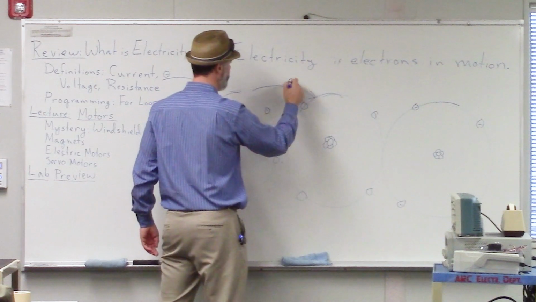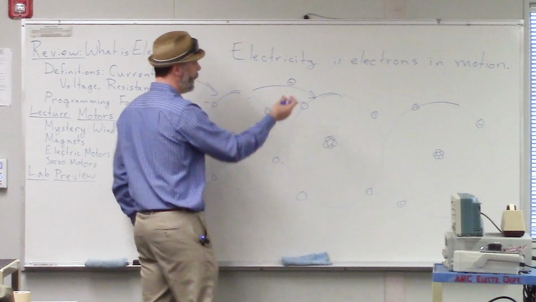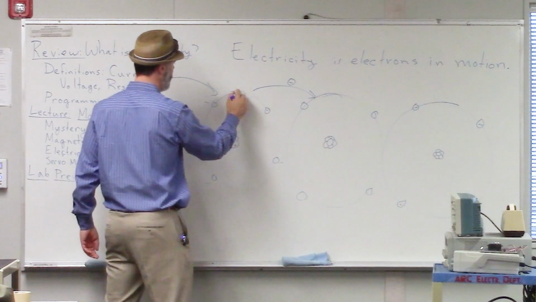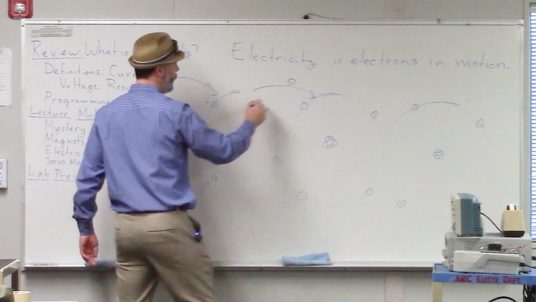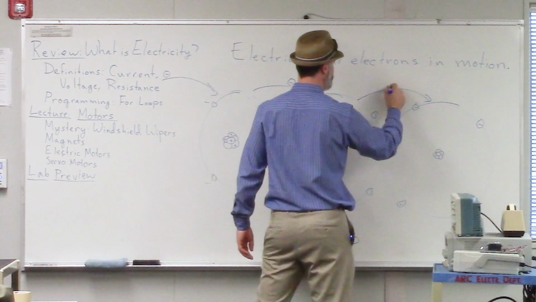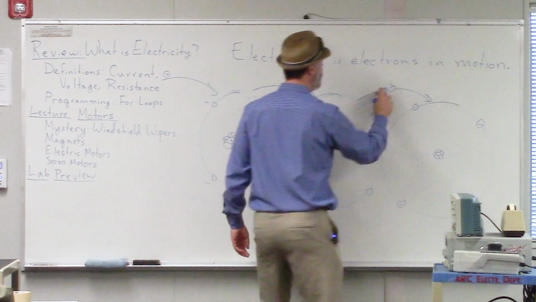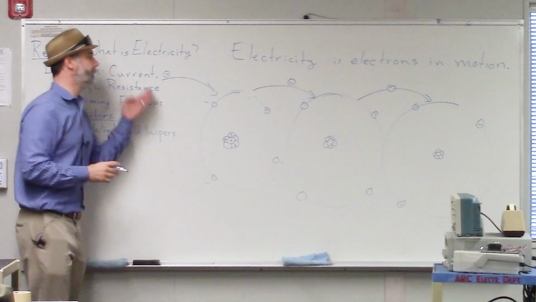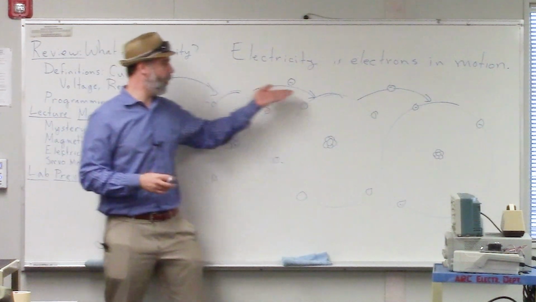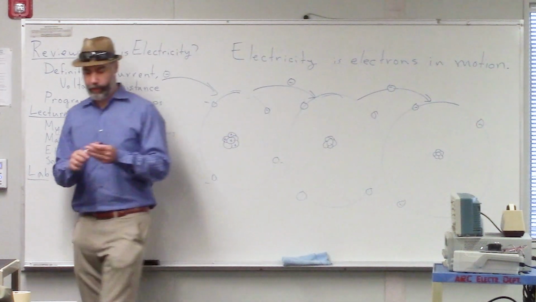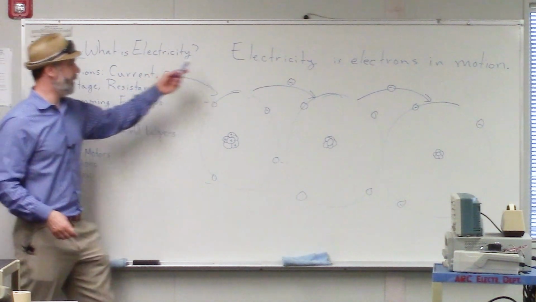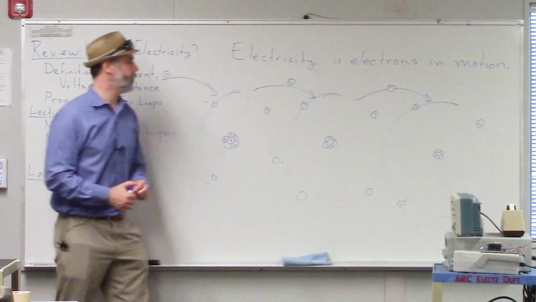Then you end up with the same situation, and maybe you shove on another electron over here, so this one can't come back, so it ends up jumping further on. These electrons keep jumping from atom to atom. And this movement of the electrons from one atom to the next, that's what electricity is. So electricity is these electrons in motion.